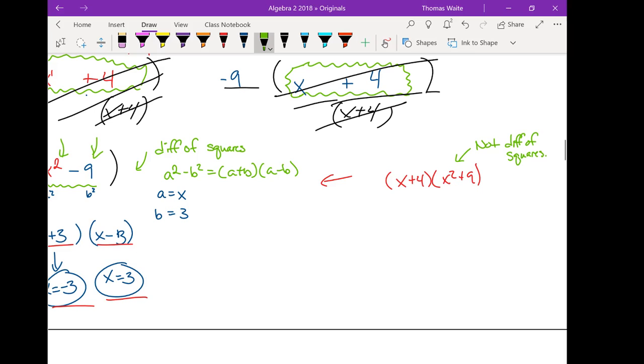We could try and treat it as a general quadratic, like x squared plus 0x plus 9, and maybe try and use our quadratic formula on it. 0 plus or minus the square root of 0 minus 4 times 1 times 9 all over 2.